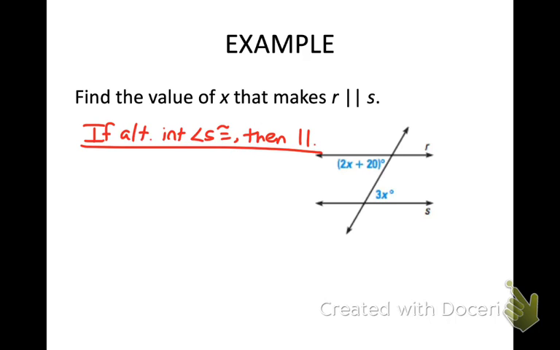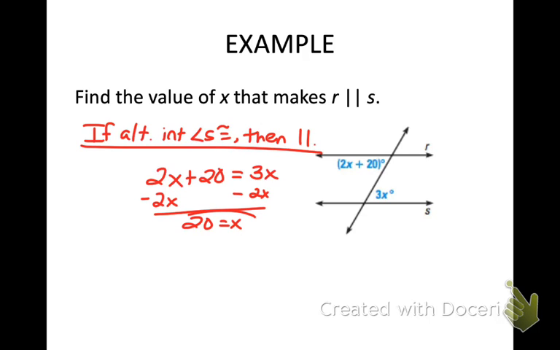So because I said they're congruent, don't add them and equal them to 180. Set them equal to each other. So 2x plus 20 equals 3x. Subtracting 2x from both sides gets you 20 equals x. Now you just got the other 2 points.